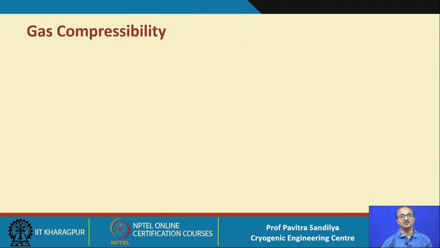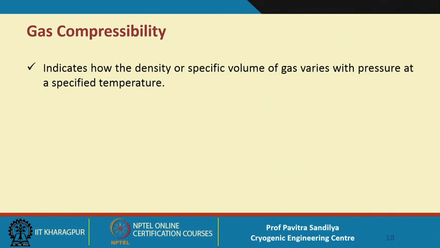Now with this knowledge, we go to the last property in this lecture, that is the gas compressibility. Please mind it, this is not the same as the compressibility factor. The compressibility factor is talking about the deviation from the ideal behavior, whereas the gas compressibility indicates how the density or the specific volume of the gas would change with pressure at a given temperature.